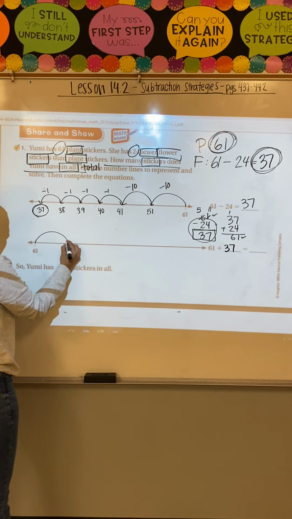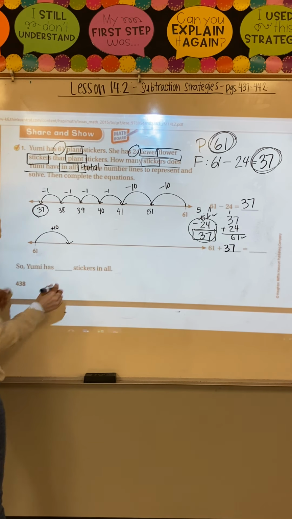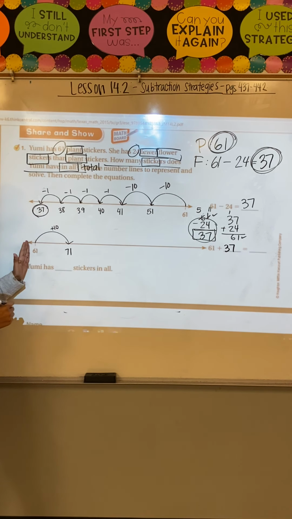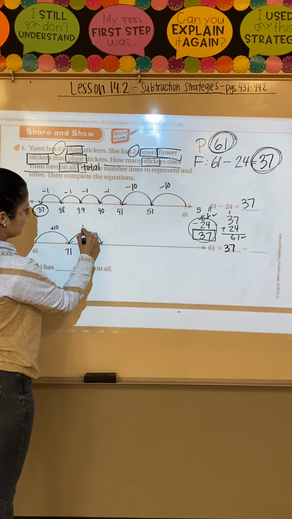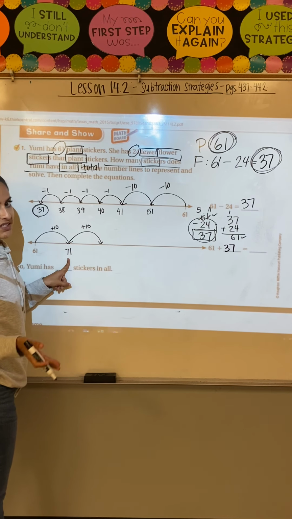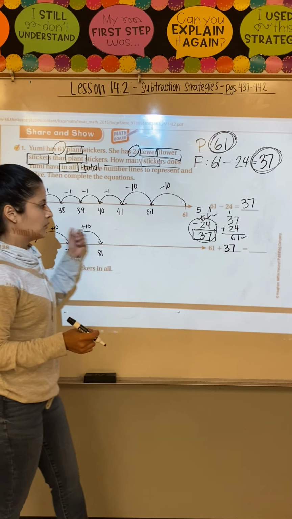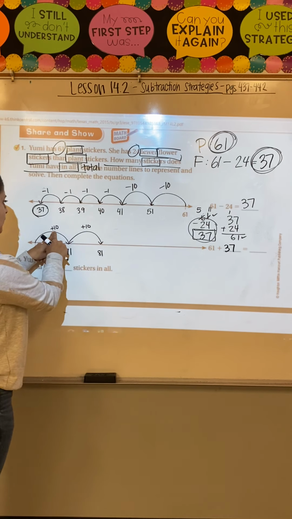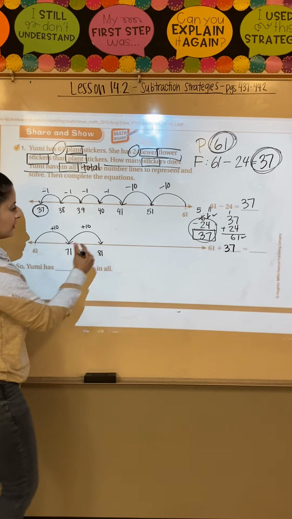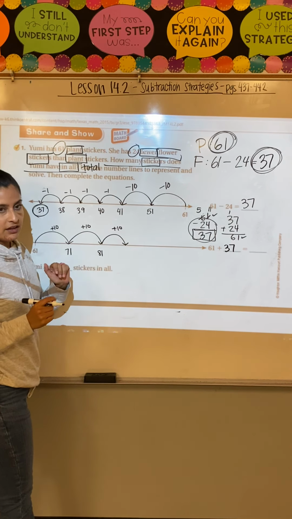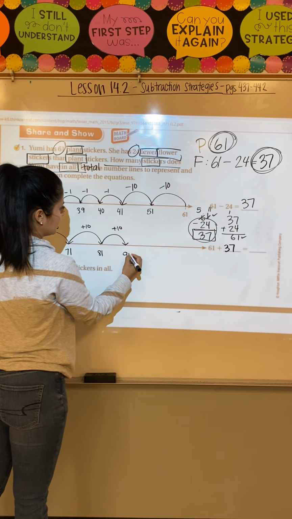Okay, so let's add 10 more. 61 plus 10 more is 71. I'm going to add another 10. 71 plus 10 more is 81. Well, we haven't got to 37 yet. We've only added 20, so let's add another 10. 81 plus 10 is 91.